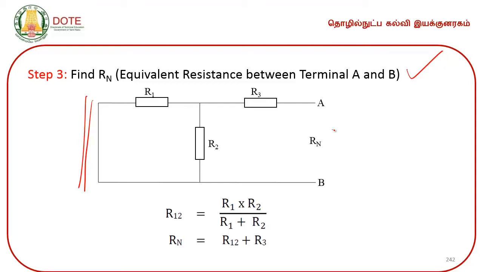So, from A and B, without disturbing the terminals A and B, we will be calculating this. R1 and R2 are parallel, which is given by R12, and then Rn is equal to R12 plus R3, because R3 is connected in series.